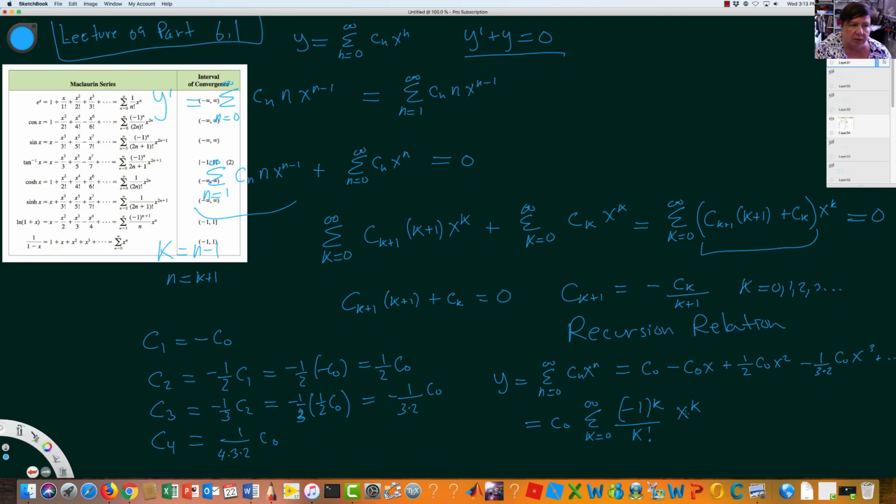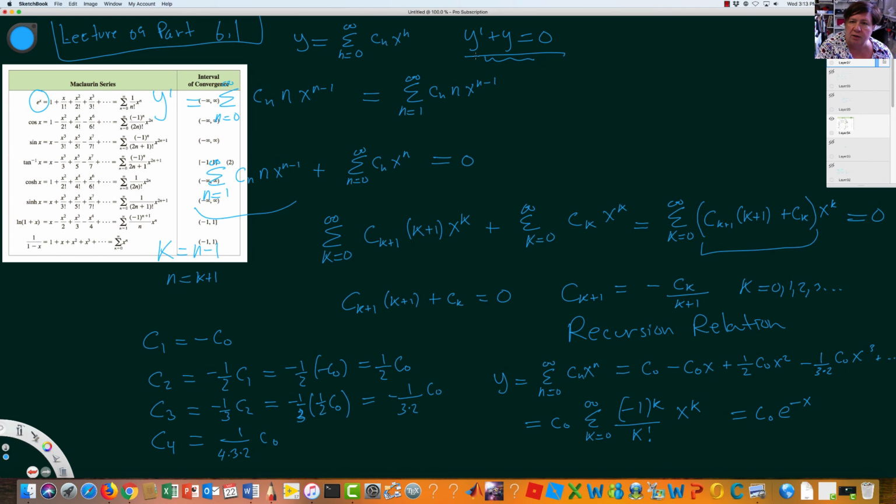Anyway, if you put a negative sign inside here, you get negative x to the k, right? And that would be e to the minus x. So this is really C0 e to the minus x, which we know is the solution to this.